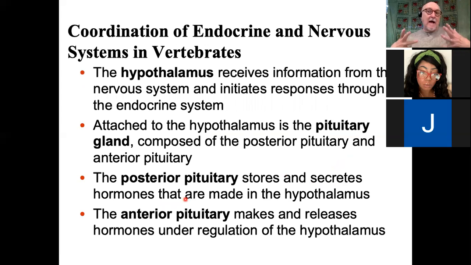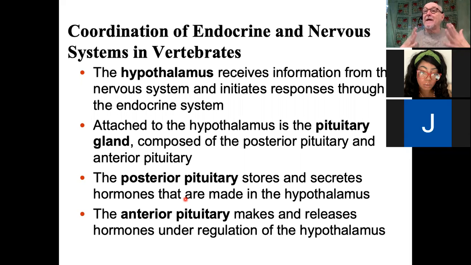So the hypothalamus is able to receive sensory input from all over the body. Neurons actually communicate directly to the hypothalamus. But the hypothalamus also has sensory capability itself. So, for example, it can directly sense blood temperature, as well as receiving information about temperature from the rest of the body.